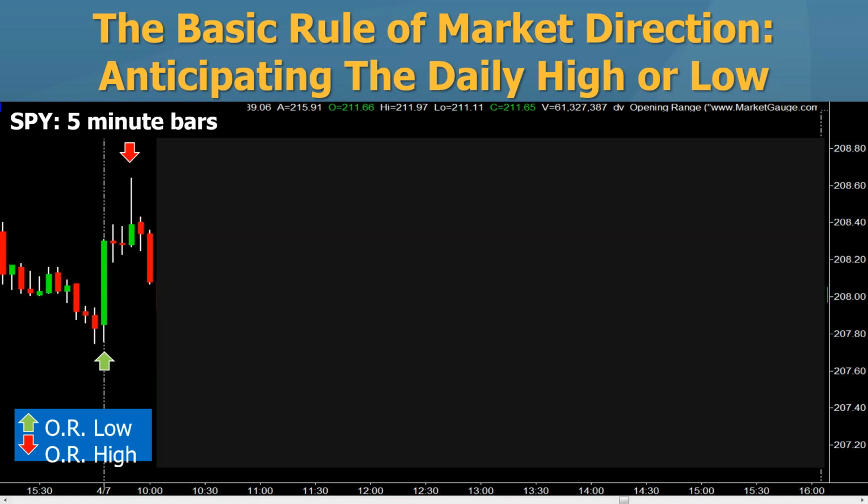Now, before I even go into the details of this, a common question I get is, okay, what do you do for the first 30 minutes of the day? And the short answer is nothing. You wait and just observe and let the market give you information. Now, there are more strategies that look at different time frames of opening ranges.